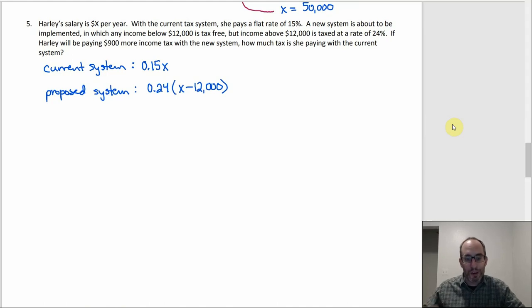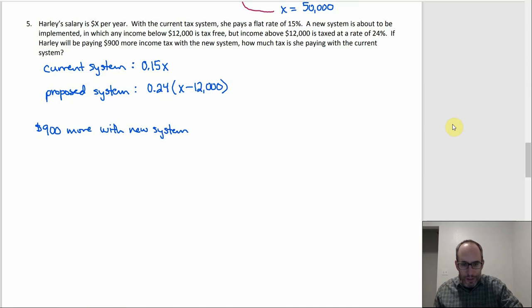Like this setup part is exactly the same, just with a different tax rate and I guess a different threshold for when the tax kicks in. But then the new thing here is the $900 more with the new system.